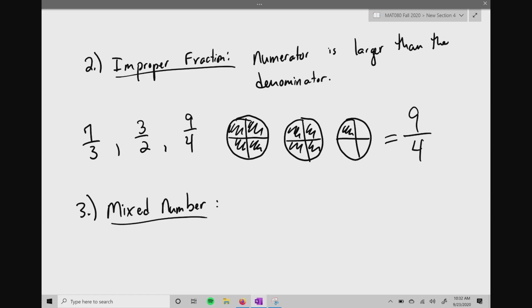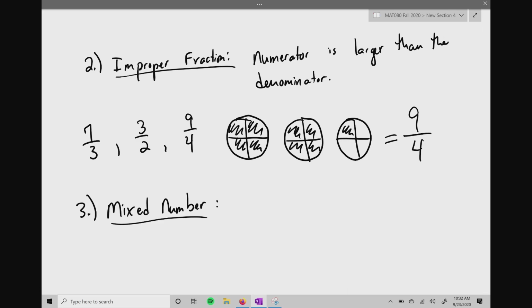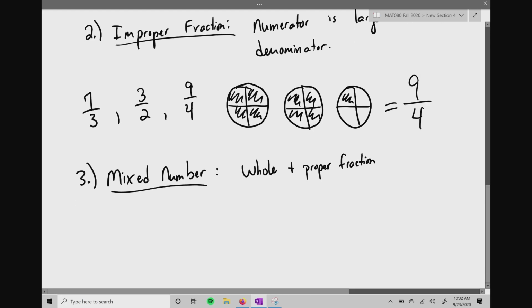Up above, you can see that I have this picture of 9/4. Okay? I can write that improper fraction as a mixed number, and this is how we do it. A mixed number always has two components. It has a whole number out front plus a proper fraction.